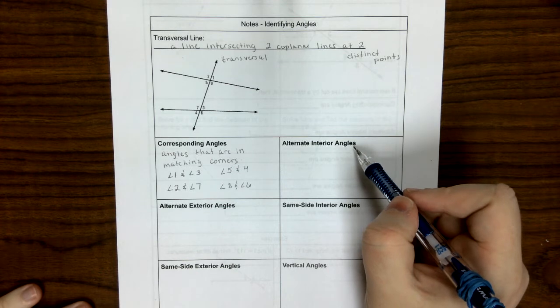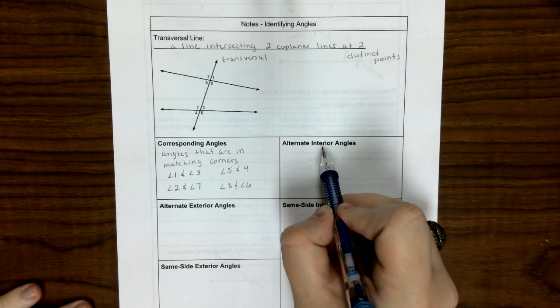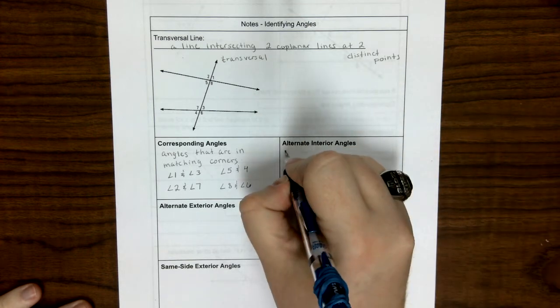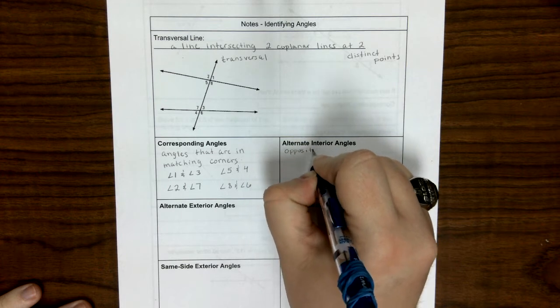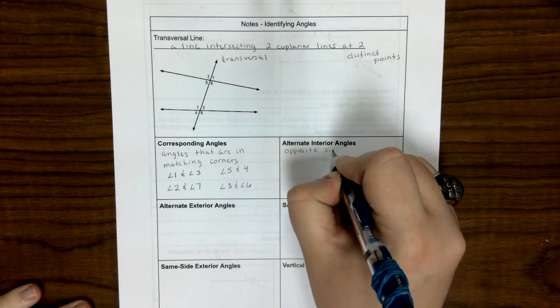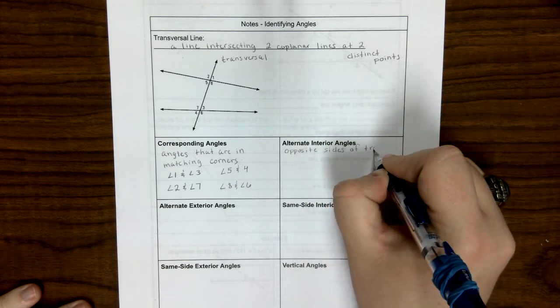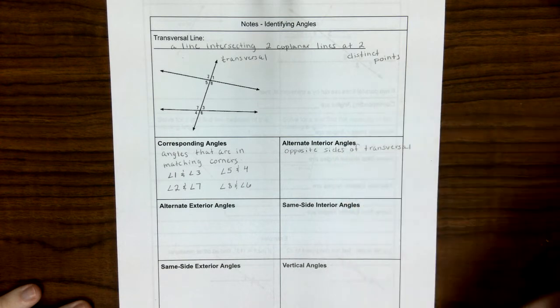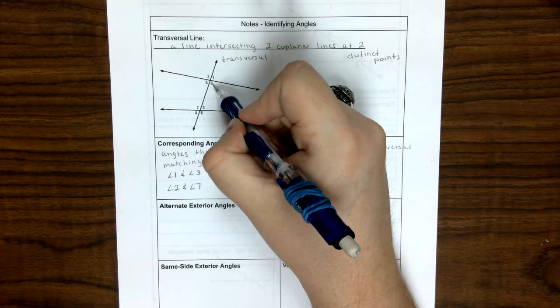Alternate interior angles. So there are 2 parts of the definition. There's the alternate part and the interior part. Alternate refers to that these are on opposite sides of your transversal line. So they have to be on different sides of this transversal.